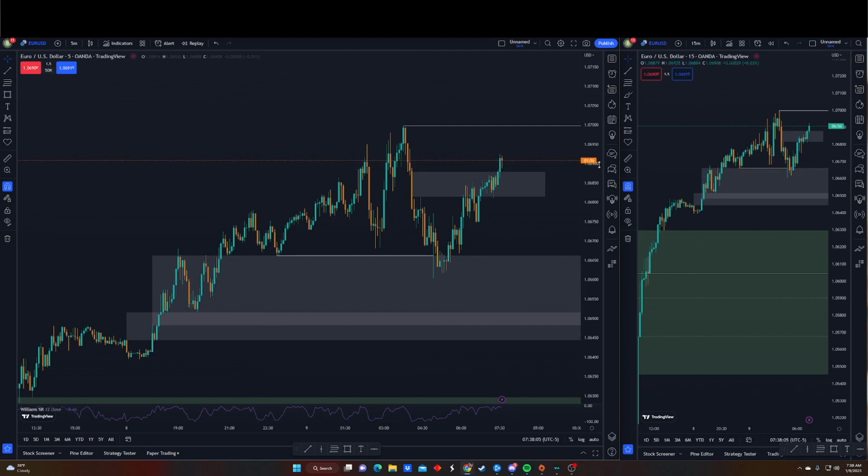I'm not even interested in looking at this on the 1 minute. But this was kind of cool how we moved into the fair value gap, and when we came back down, that discount side of that fair value gap acted as support, so that's always fun to see.